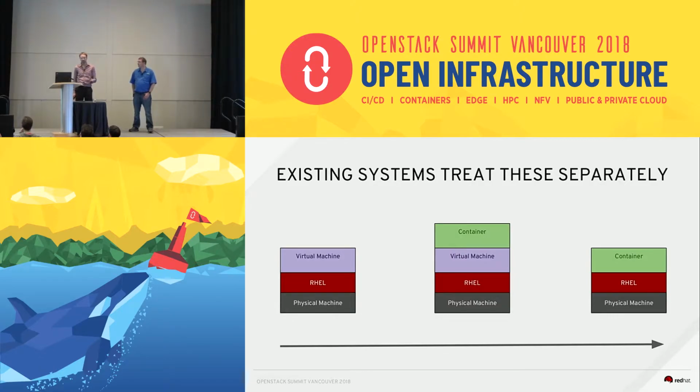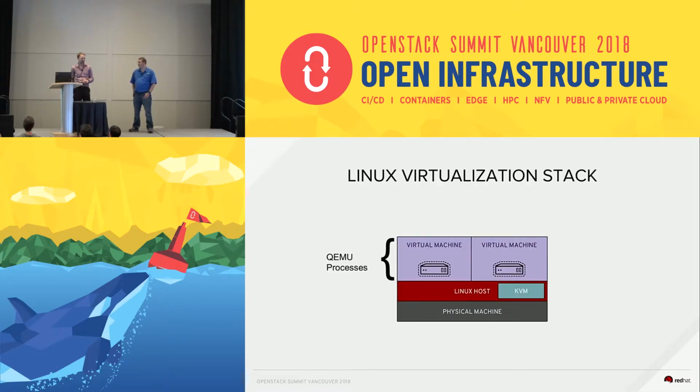But as containers become more and more commonplace, we think we're going to see this flip where more and more of the containers are going to run on bare metal, but there's a desire to keep virtual machines running alongside them. And when we think about the Linux virtualization stack as we work up from the hardware, we have a Linux operating system, so effectively the Linux kernel.